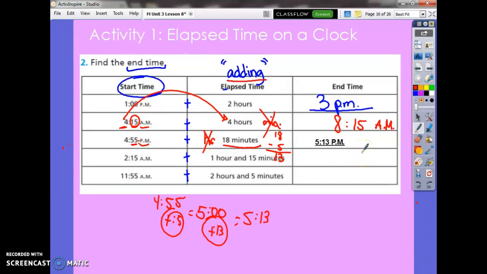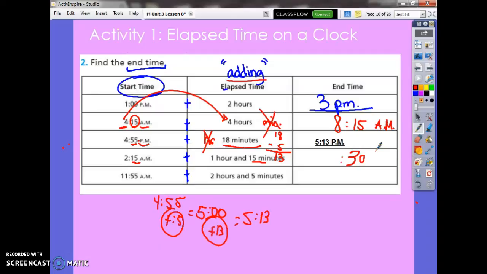What do you mean, Mr. Craig? What do you mean something 30? I mean, if I start at 2:15 a.m. and I add 15 minutes, I'm going to get 30 minutes. Okay? I'm going to get 30 minutes. So I'm going to end over here.